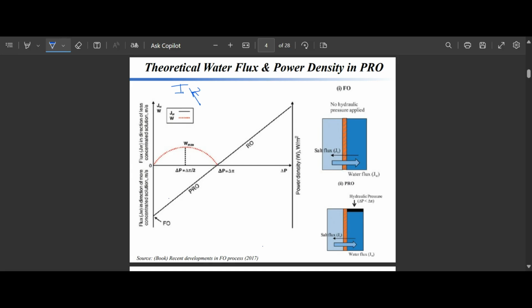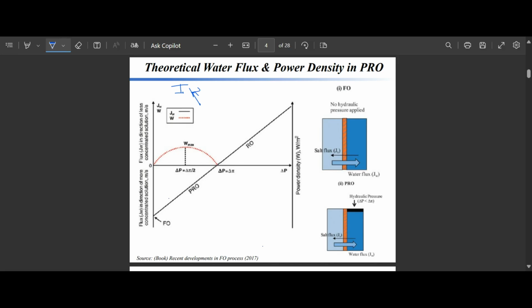So, PRO case, there is an active layer here. The feed solution has organic or salt, so it decreases like this. And this osmotic gradient is reduced by this amount. We call this the effective osmotic gradient.